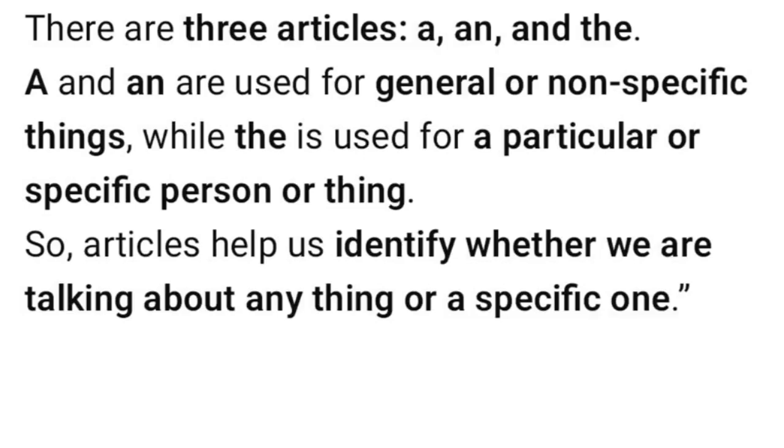If we're talking about any random, casual thing, then we will use a or an according to its sound, based on vowel sound or consonant sound. So this is the article. You can look at the screen and read it carefully.